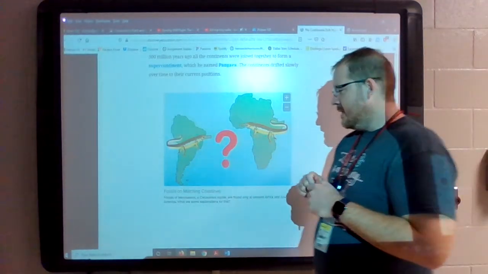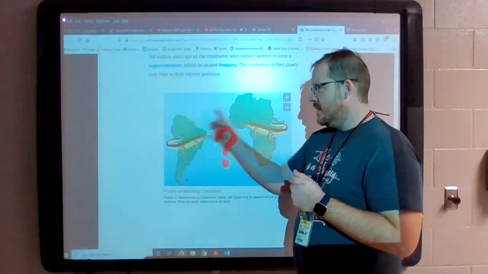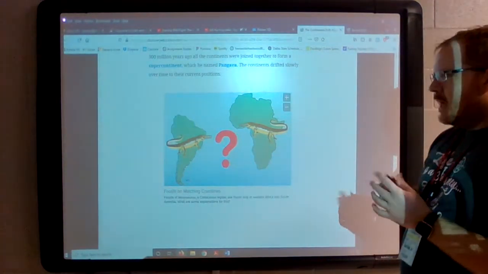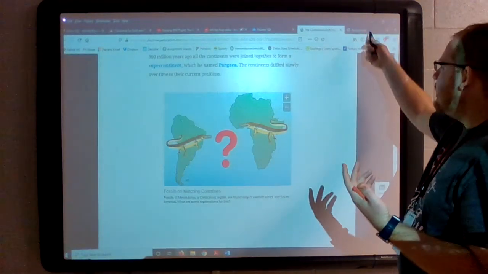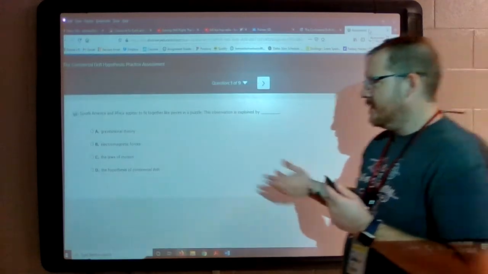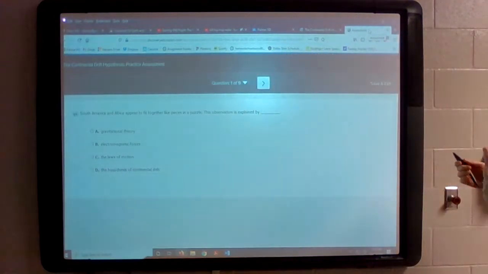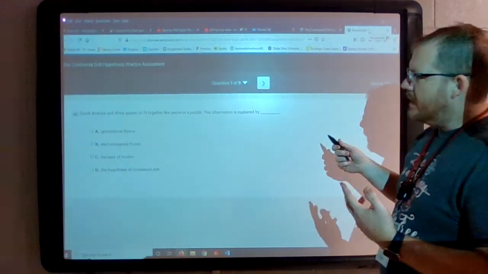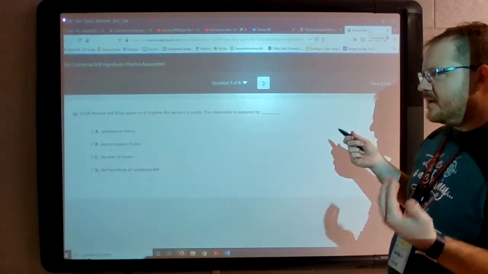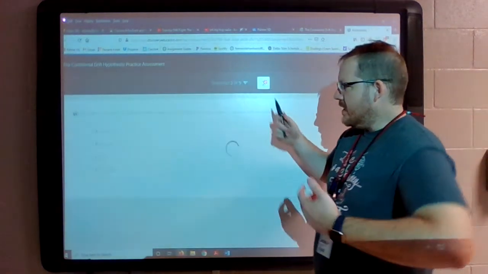Ignore the Mesosaurus right here that they're showing, but just look at the shapes of the continents themselves. What could explain how they fit together, how they move around? And so you have 4 choices here to kind of help you figure something out. So read through your answer choices, read through that section of the reading, look at the map, and try to figure out what makes sense as far as your answer choices here.